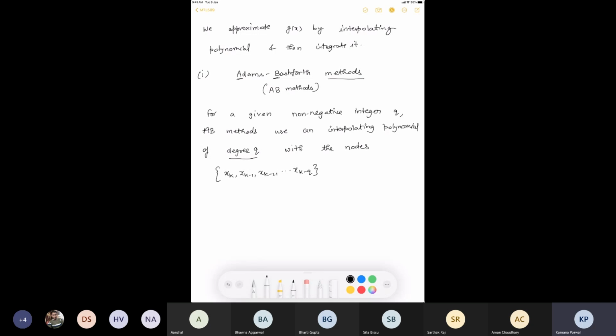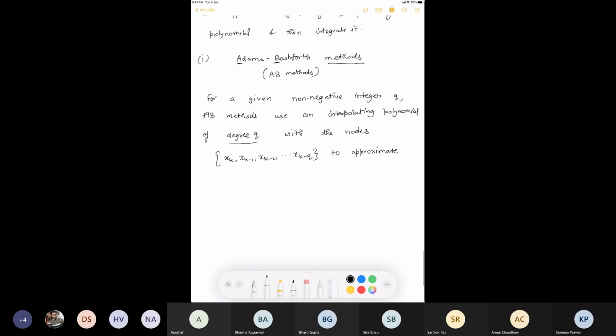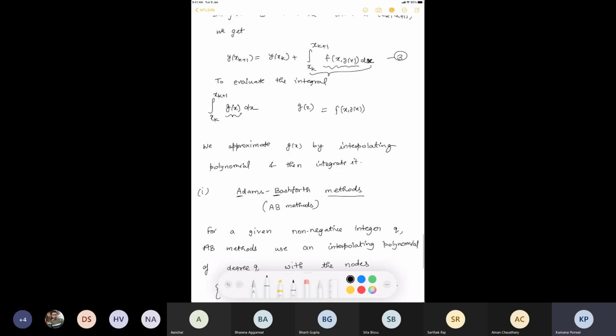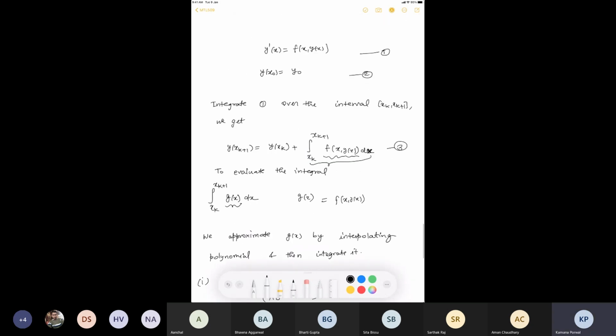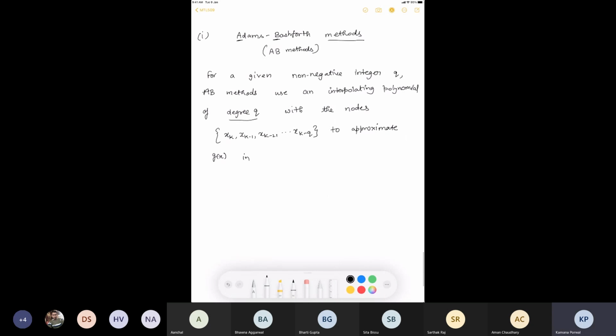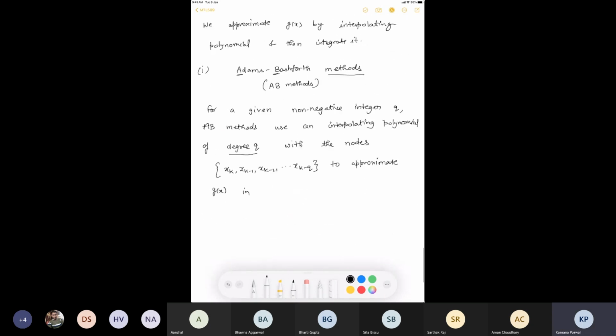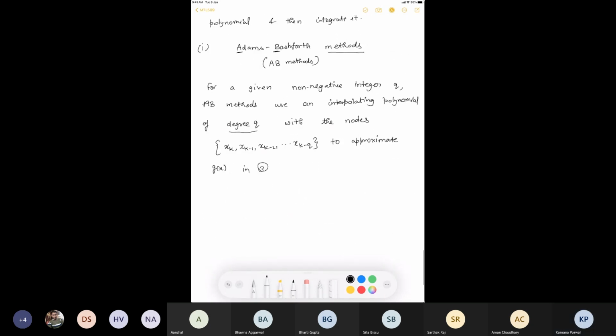AB methods use an interpolating polynomial of degree q with these nodes to approximate g(x) in equation 3.